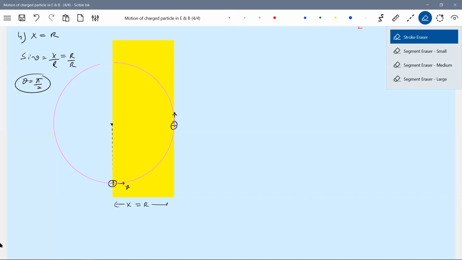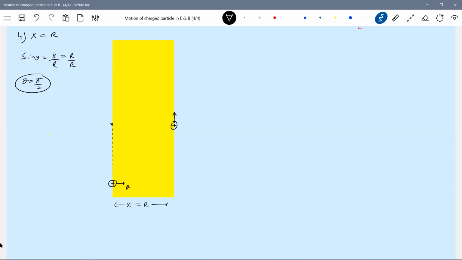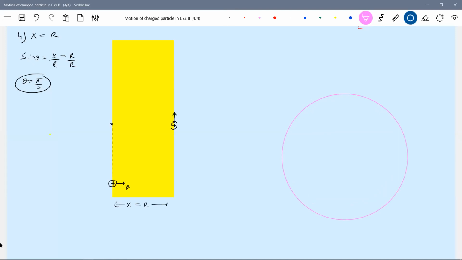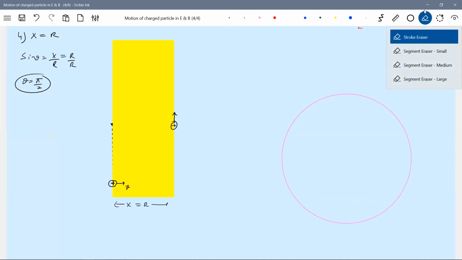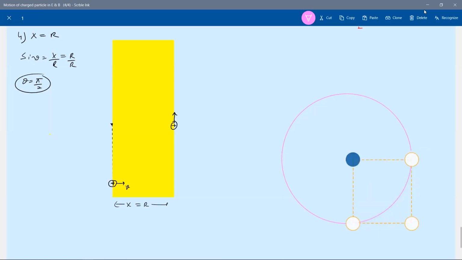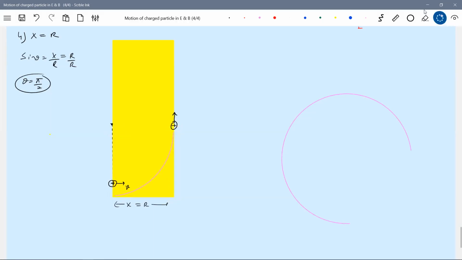It should be removed completely. Only part. Okay, fine. So this will be our diagram.